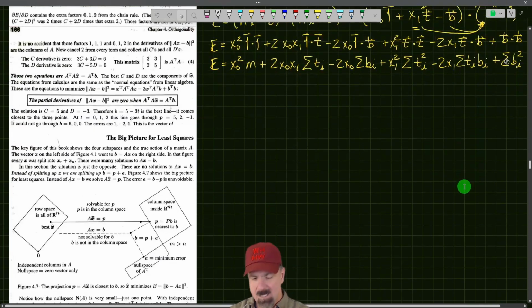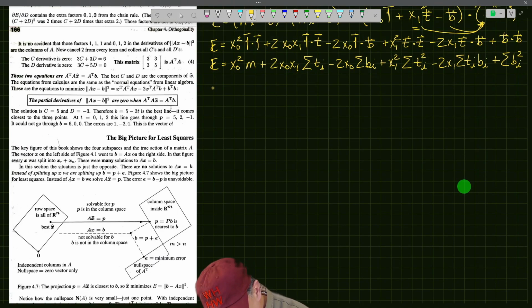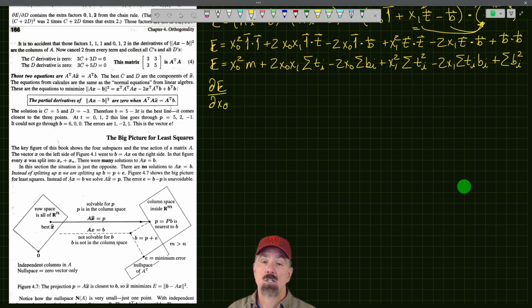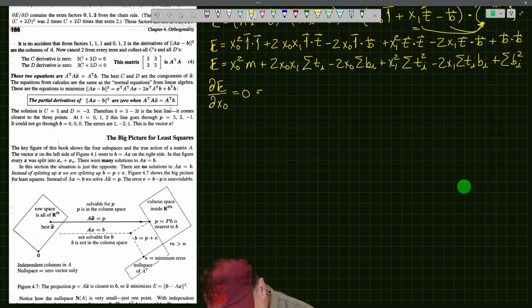So now what he does in this calculus portion is he says, hey, wait a minute, what we want to minimize, of course, is the function E, which we do by taking the partial derivatives and setting them equal to 0. So we're just going to differentiate here. We have 2 x naught m plus 2 x1 sum of the t sub i's.